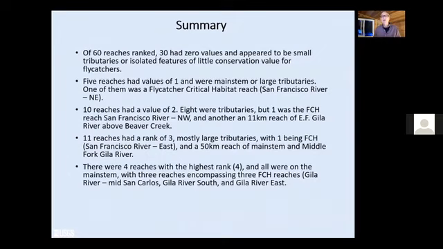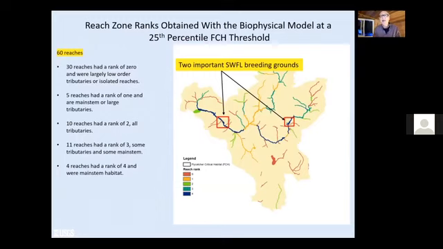Of the 60 reaches that were ranked, 30 had 0 values, and we don't think they have much conservation potential for the flycatcher. Of those remaining, they just broke out that some were found in class 1. You can see some main stem habitat, which surprised us.